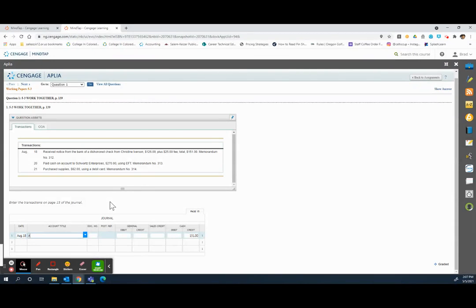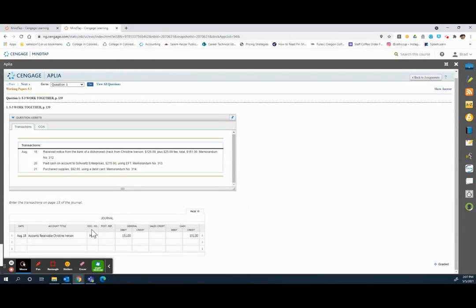So in the general account title, we'll record accounts receivable, Christine Iverson. The source document that proves that this transaction occurred is Memorandum 312, and we will increase what she owes us, $151.